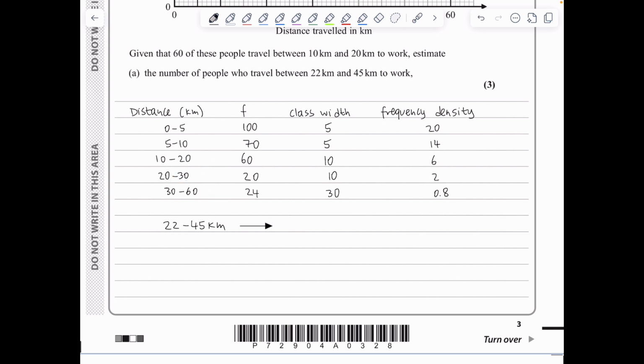So 8 over 10 of the total frequency between 20 and 30, which is 20, plus the 45, which is exactly halfway through the 30 to 60. So we've got 15 over 30 times the 24 people we've got in the 30 to 60 class. Well, if we plug this on the calculator, we get an answer of 28 people, which is our estimate for the number of people who travel between 22 and 45 kilometers.